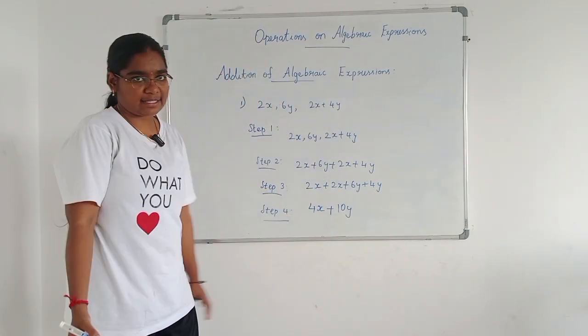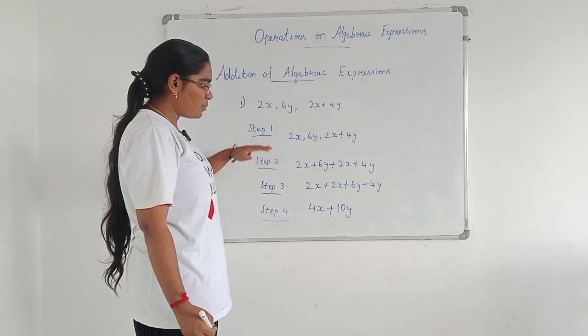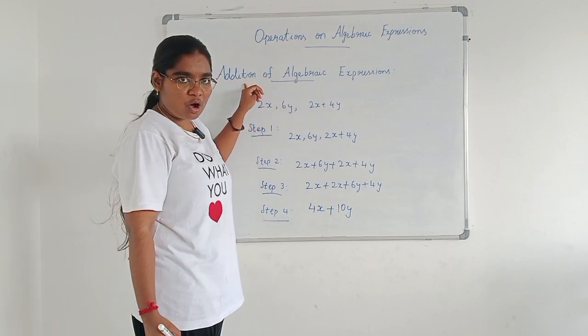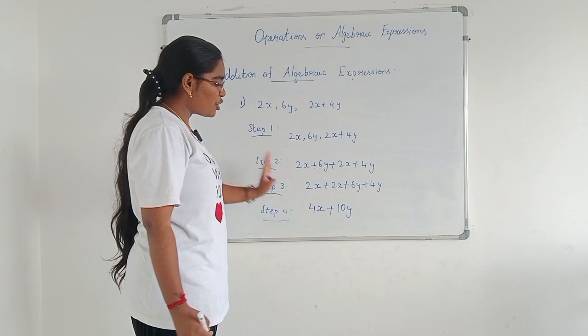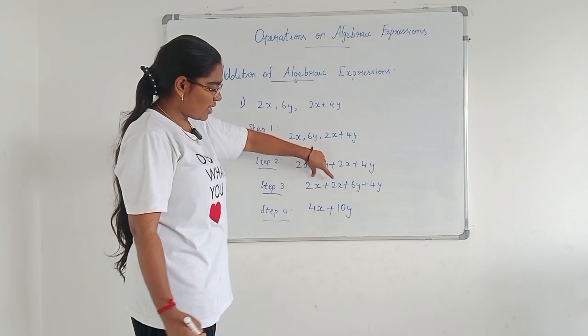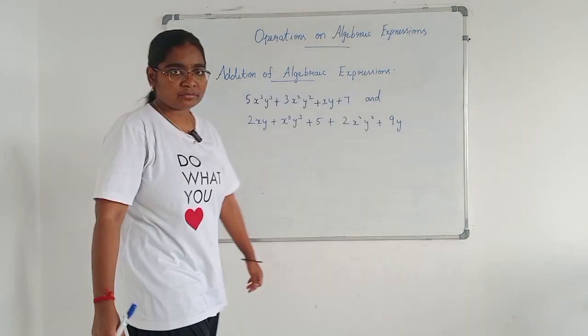This is your final answer. So in step 1 write the given. In step 2 insert the respective operation, here addition, so plus. In step 3 group the like terms, and in the final step add those terms.